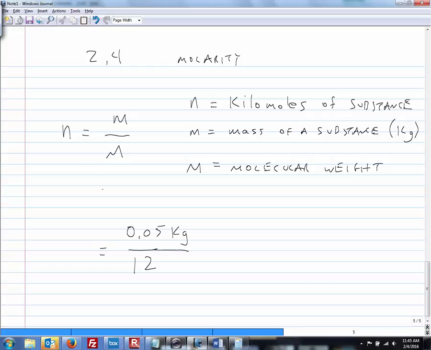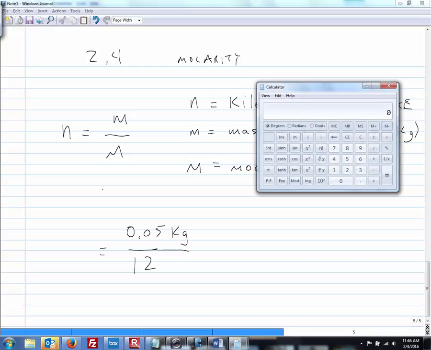And so from that, I can get the number of kilomoles. And now, what's a kilomole? Well, let's get to that, but let's figure out how many kilomoles we have. I think it's pretty clear where the 12 is coming from. That's the molecular weight. I think it's pretty clear where the 0.05 is coming from. Now we can see what this N thing is.